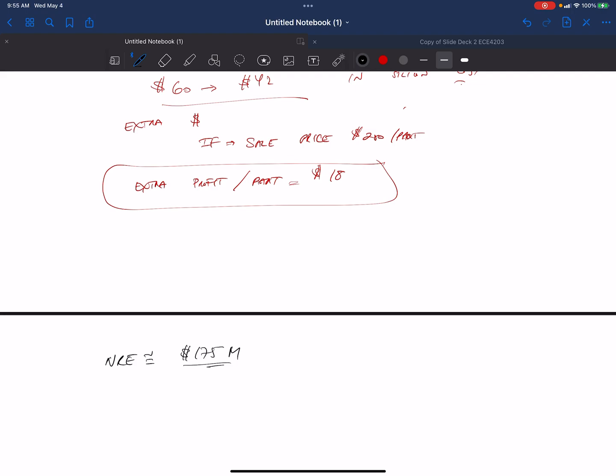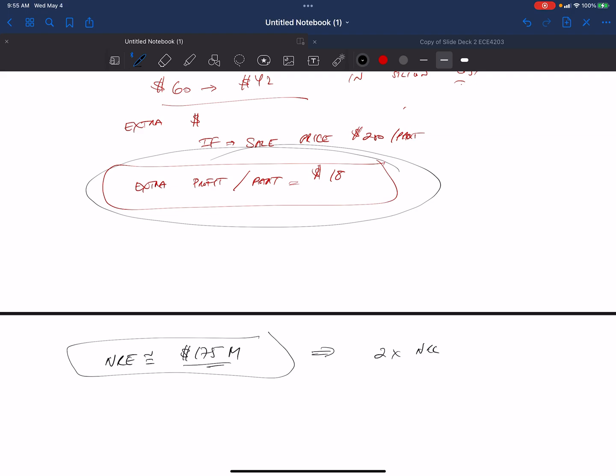Let's say we want to make our cost back, but we also need to make some profit. I mean, it's $175 million. You don't want to just spend that and not make anything on top of it. So let's say we want to look at how many more parts you would need to sell to make up 2 times the NRE, which is $350 million.